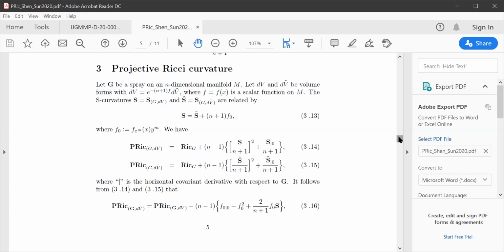That's important. I just said that if you keep the volume form and the spray changes projectively, you don't change the projective Ricci curvature. But if you fix the spray and change the volume form, they're related by equation 3.16.